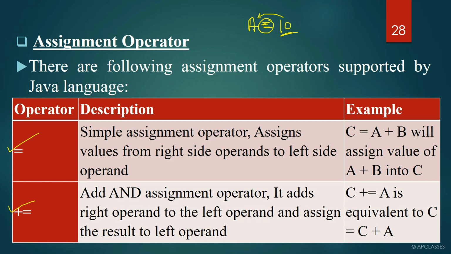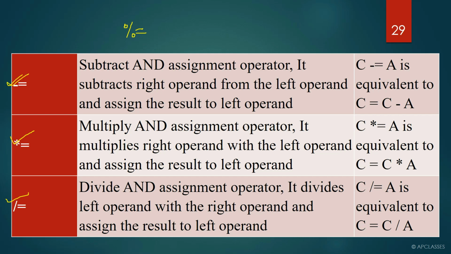These four or five things, plus equals to, minus equals to, multiplication equals to, division equals to, and mod equals to, are called assignment operators, or they are called shorthand notation. Why they are called shorthand notation, we are going to discuss right now.